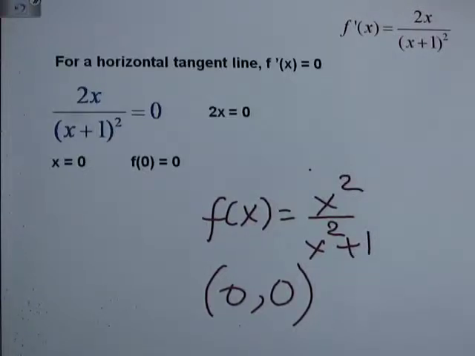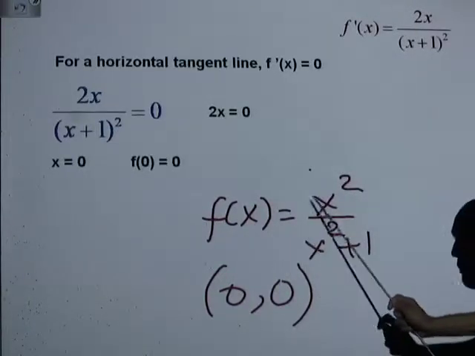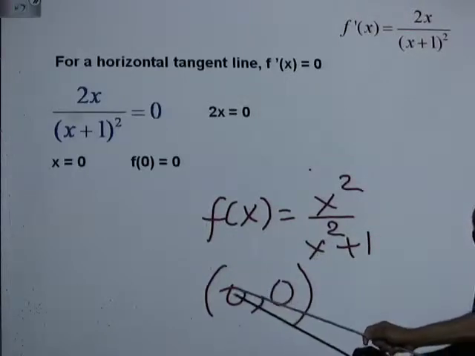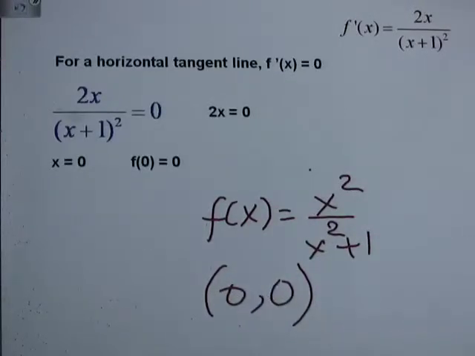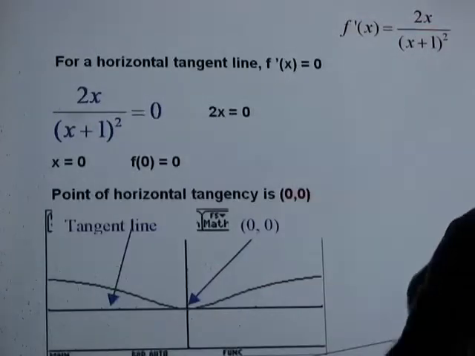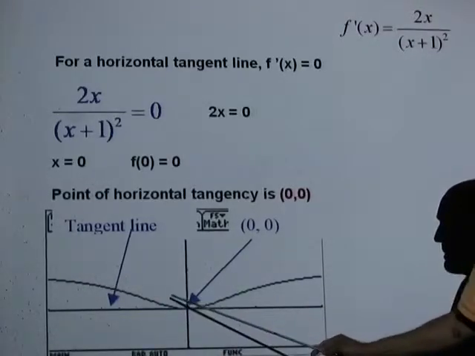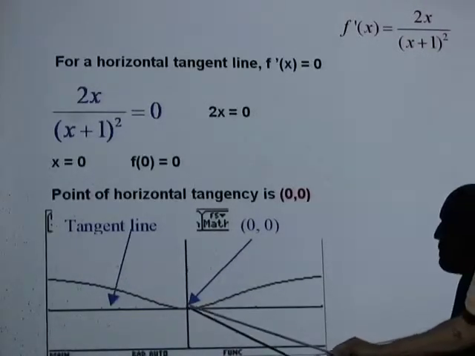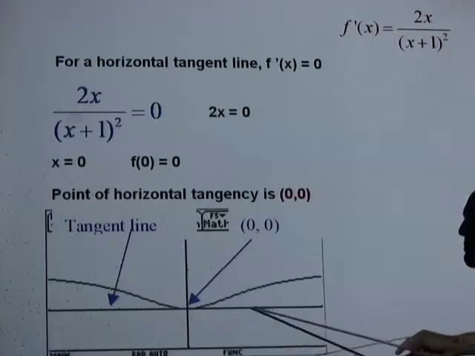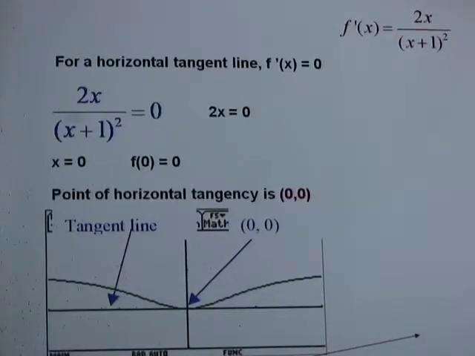That's the meaning of that. Alright, can you draw the graph of this function and draw a tangent line at (0, 0), just like I showed you? Try that on your calculator now. Well, I hope you got this graph. This is the graph of the function, and the tangent line drawn at x equals 0 is that horizontal line.